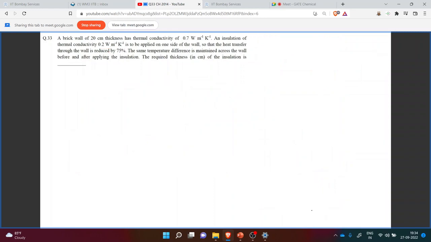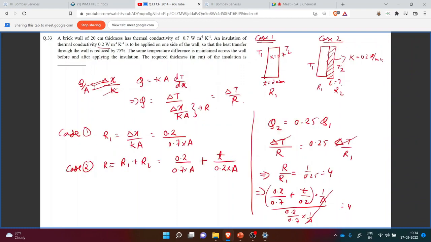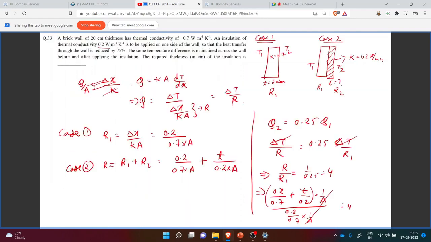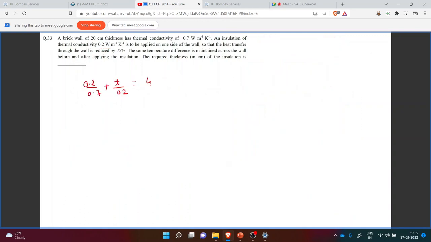We will have 1 plus T upon 0.2 divided by 0.2 upon 0.7 equal to 4. That is basically 5 times the thickness will be equal to 3 into 0.2 upon 0.7. So the thickness will be equal to 6 upon 35.